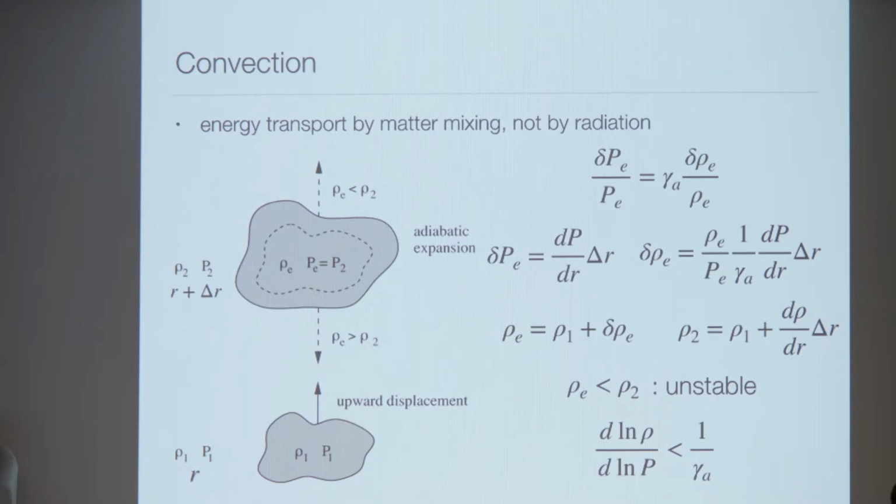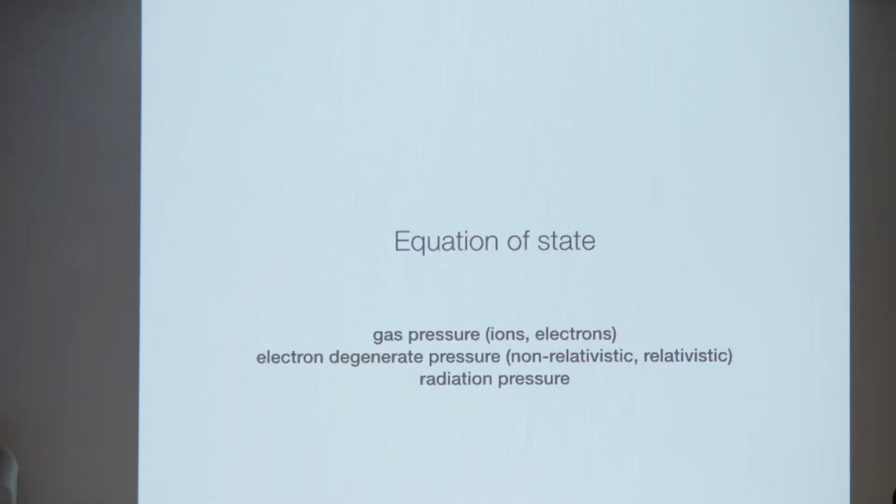So then let's move on to the next important physical ingredient, which is the equation of state. And here we consider the gas pressure from ions and electrons, and then what is also very important in stars, electron degeneracy pressure, and that can be non-relativistic, or also relativistic.